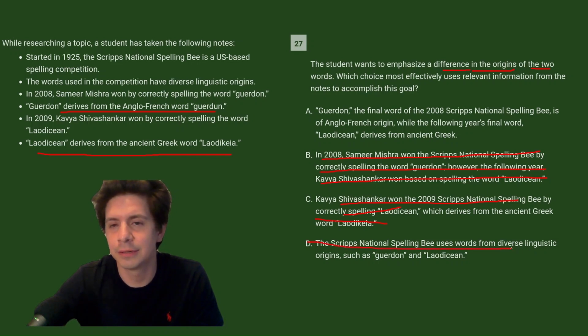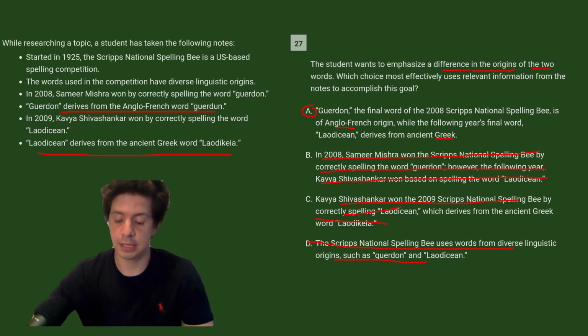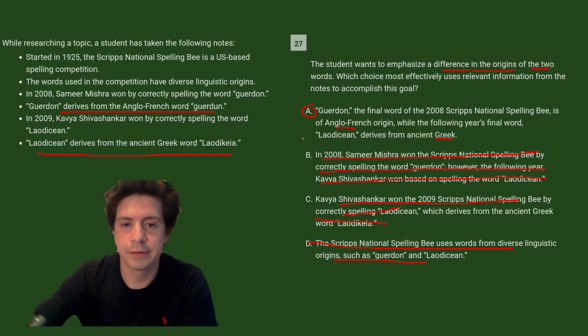Not enough detail, right? This one tells us that it comes from Anglo-French and it comes from Greek. So see, on these, you really want to read all the four answer choices, but compare one at a time to choose the better and better until you get only with the last one that's the best, right? So that's A for 27 in Module 1 of Test 1.